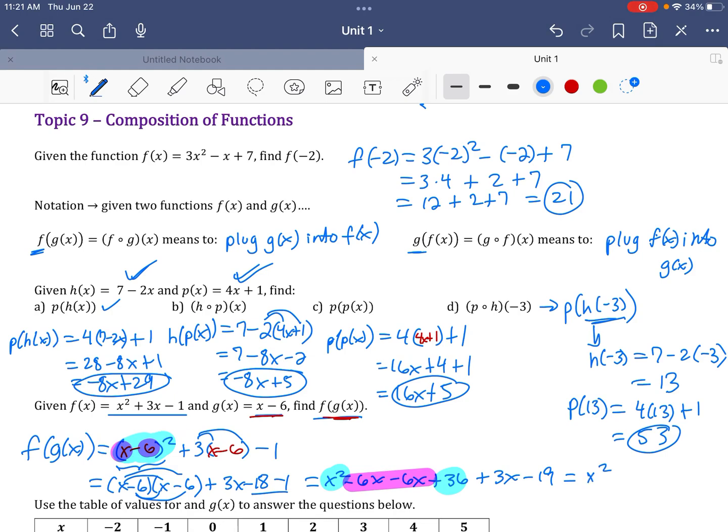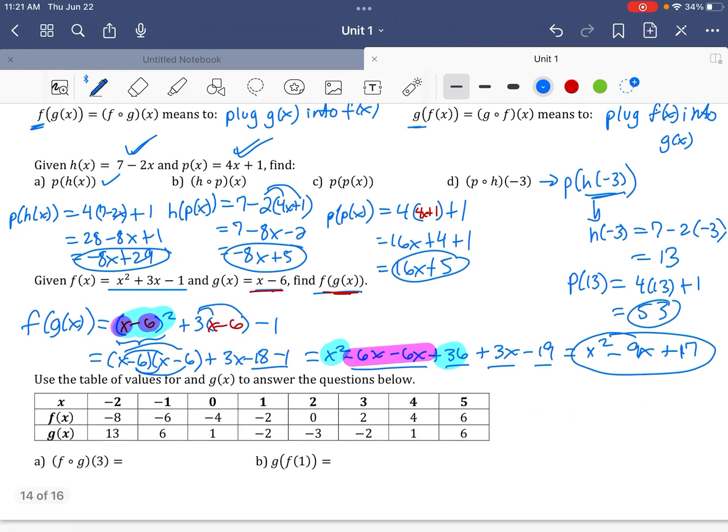So I have x squared, I have minus 12x here, plus 3x, so that would be minus 9x. And then I have a 36 minus 19, so let me see, that's 17. And there we go. You don't have to factor this, you're done. Your job was to plug g of x into f, and you're finished.